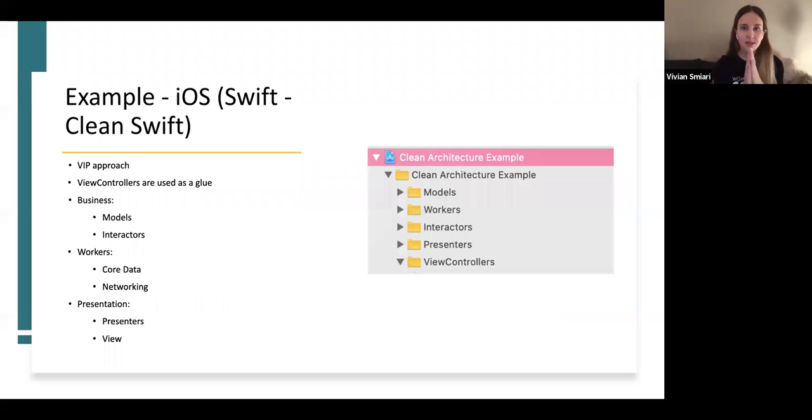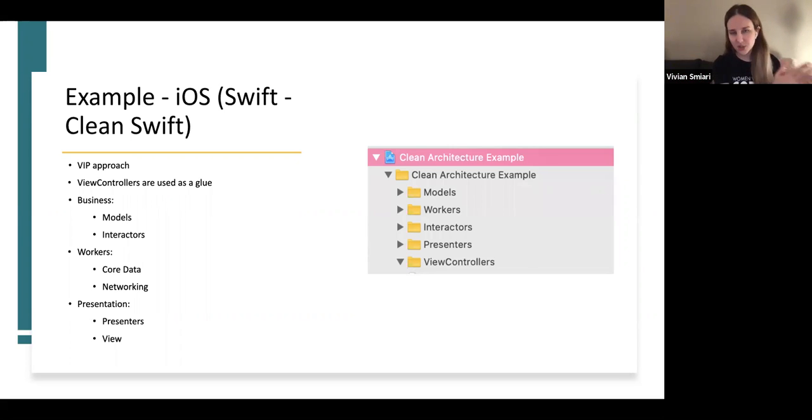Next we have iOS. For iOS, there is an approach for clean architecture called Clean Swift. They use the VIP approach, which is view controller, interactor, presenter. The view controller is used as a glue between the interactor and the presenter.